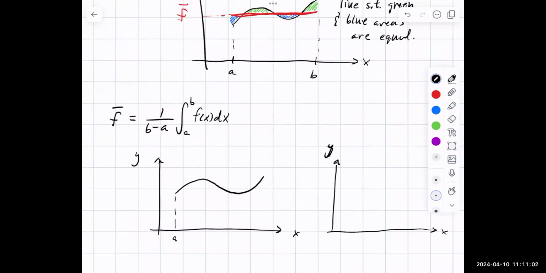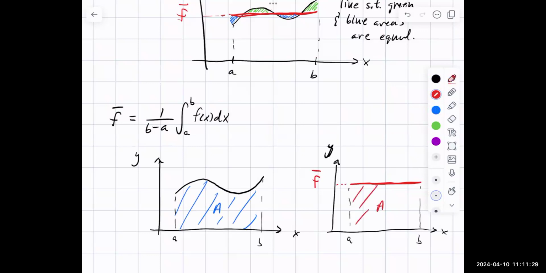Here's A and here's B. And then we could draw our red dashed line, something like this, where this is also going to be A, and this is also going to be B, and this is sitting at F average right there. So this area is the same as this area.